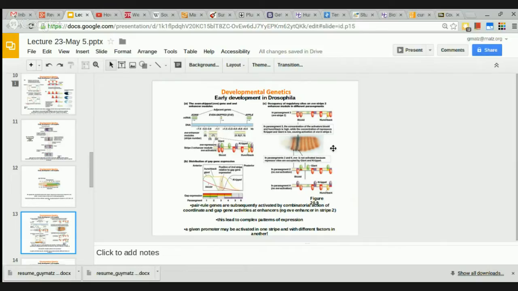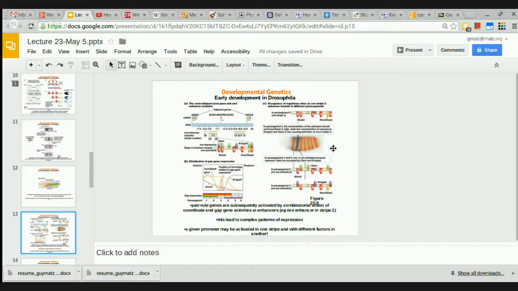The bluish color comes from the lacZ gene, beta-galactosidase, that was put under the control of this little piece here. So in the embryo, resoundingly, the answer to your question is, it is not only expressed in stripe 2, it's expressed in 7 different stripes. This is the 3rd stripe, 4th stripe, 7th, okay?